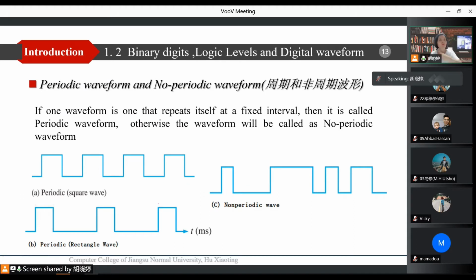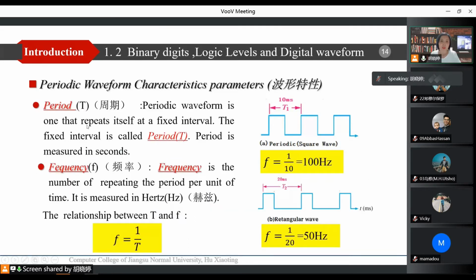Waveforms are classified into two kinds: periodic waveform and non-periodic waveform. A periodic waveform is one that repeats itself at a fixed interval.